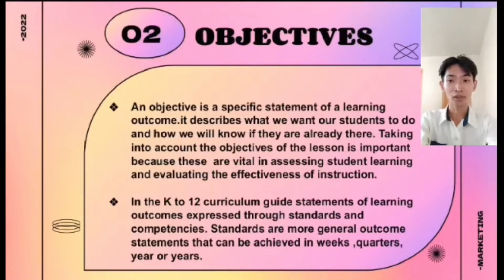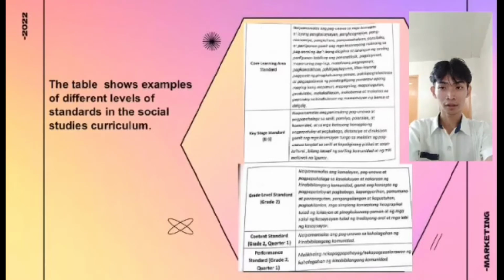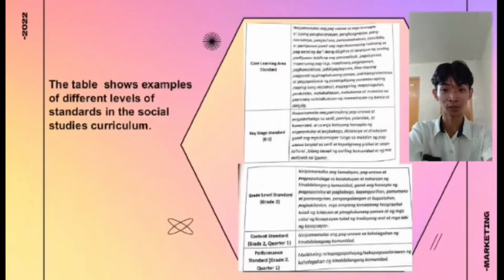In the K-12 curriculum guide, learning outcomes are expressed through standards and competencies. Standards are more general outcomes, statements that can be achieved in weeks, quarters, a year, or years. The table shows examples of different levels of standards in the social studies curriculum.